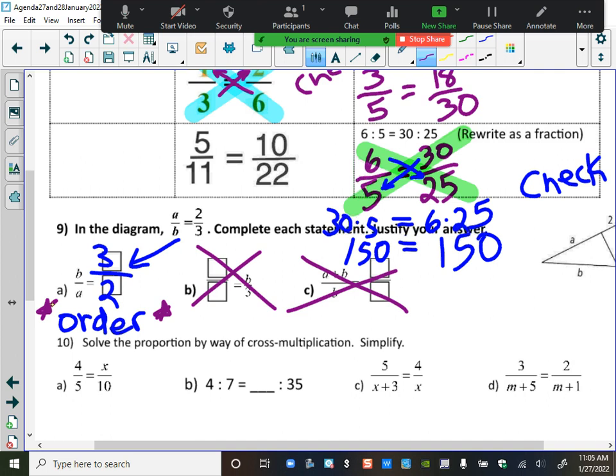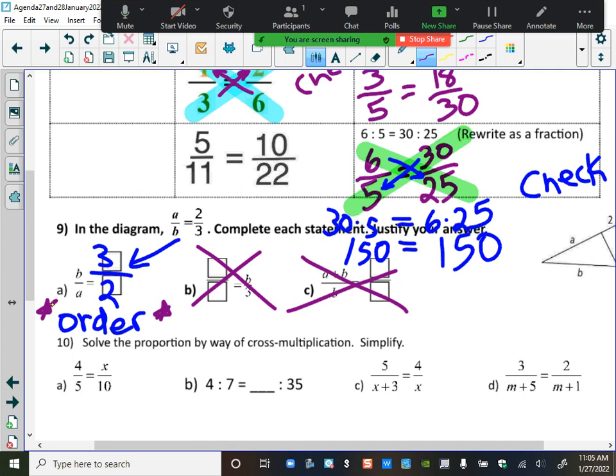Now, the only thing I wanted to start to mention before we walk out is when you solve proportions, when you're solving for that missing variable. Now, you've probably done this before in algebra. I think you did this in Algebra 1 back in the day. I know, because I also teach Algebra 1.